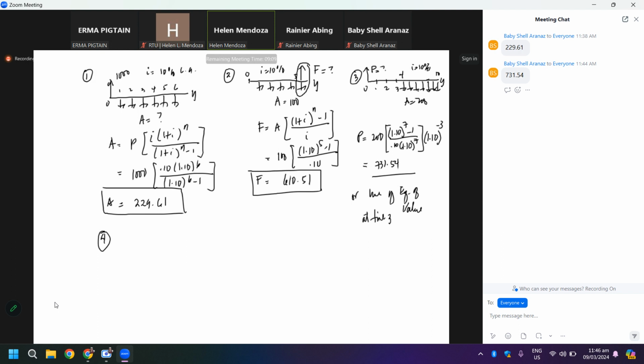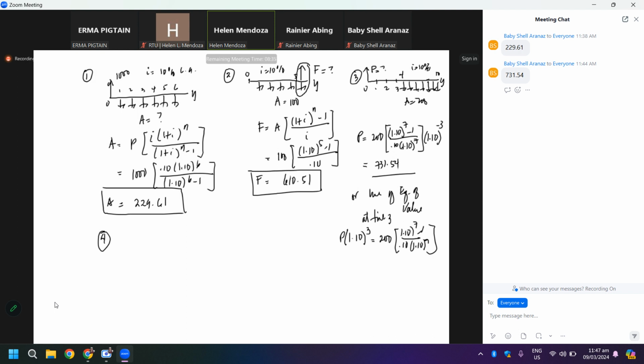So, pag define mo siya at time 3, you would have P times 1.1 raised to 3 is equivalent to 200 times 1.1 raised to 7 minus 1.1 raised to 7. Pareho lang din naman lalabas. Pero ito kasi, easier because if you are familiar with the equation of value, meaning at any point in time, when you try to find the value of P, the expected value would be the same.